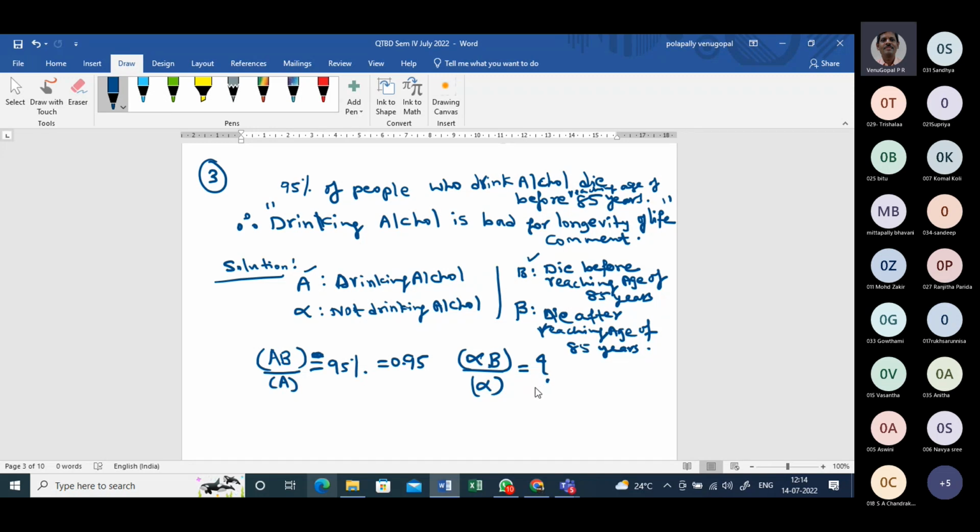No. What is 95%, children? 95 by 100, right? So, alcohol drinkers, if you are taking 100, people who drink and die are 95.